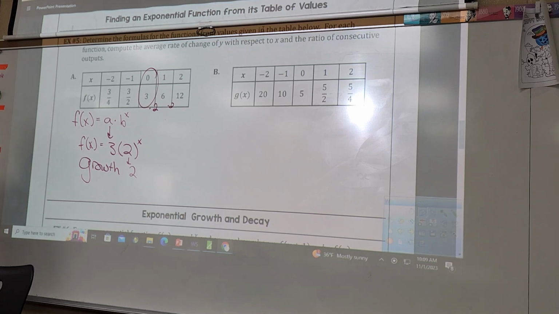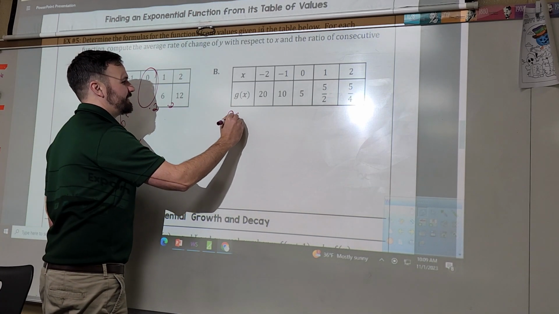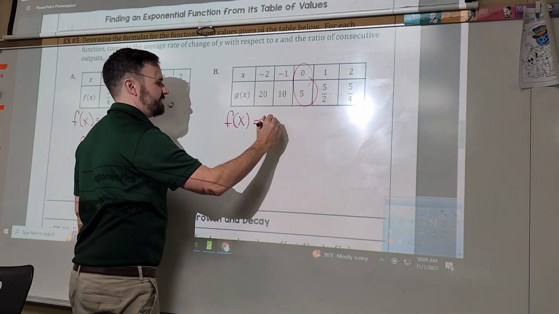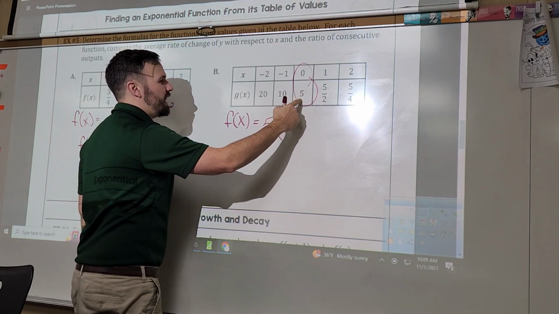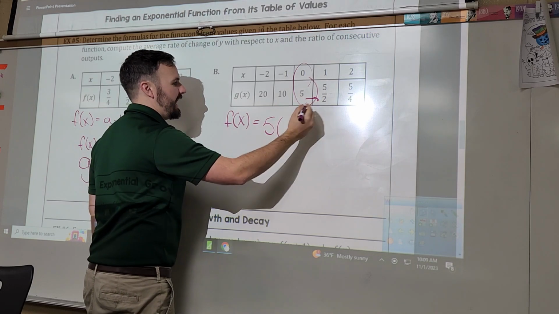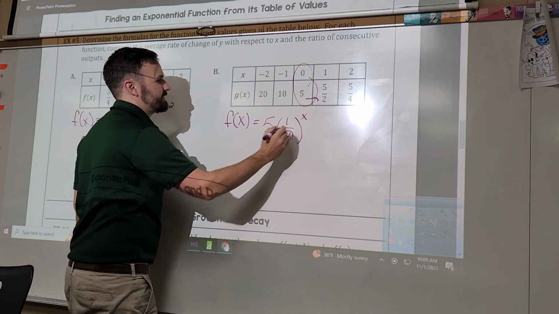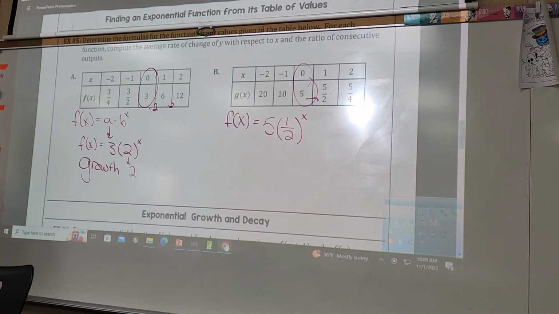Let's do B, rapid fire style, but not really. What's my initial? 5. And I divided by 2, or 0.5, to the x. Is that a growth or decay?